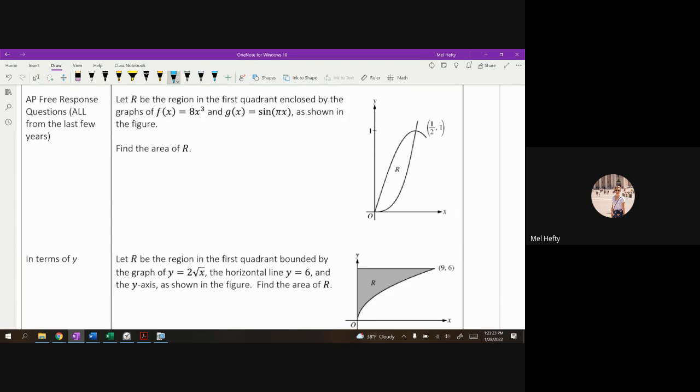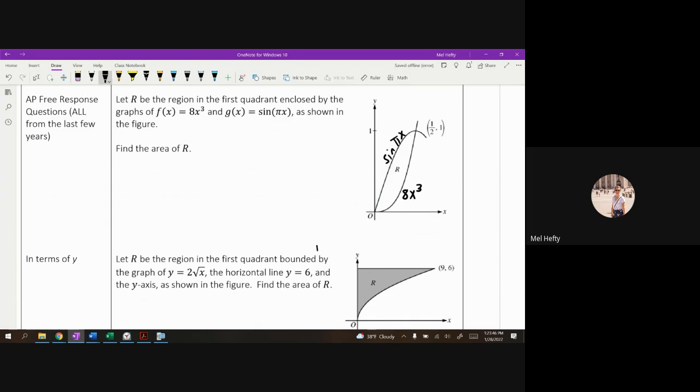All right, we ready? This blue one, who's that? That is the sine one. If you remember, sine does the wavy thing, but it always comes up out of the origin, like that. So this is our sine pi x. And then the other one is our 8x cubed.